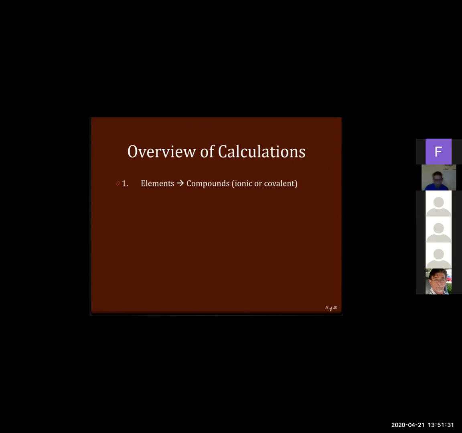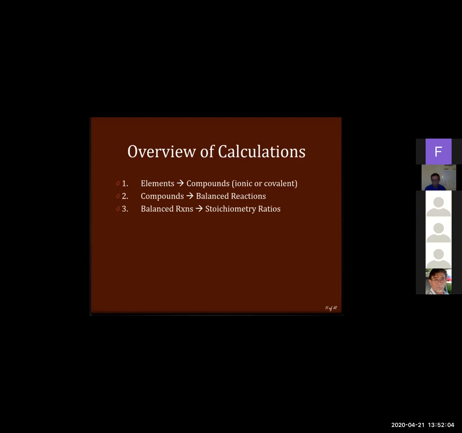All right, kind of an overview of the calculations. Step number 1, we take elements, and when they become ions or compounds, either covalent or ionic, we make compounds. From the compounds, we write reactions of reactants combining, and then we balance it.